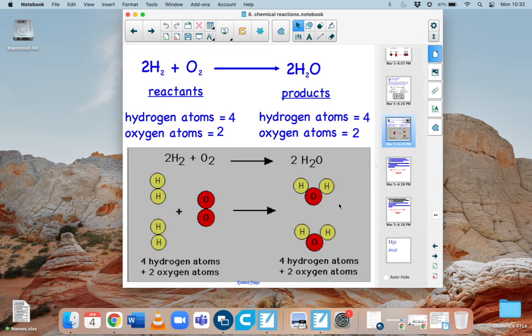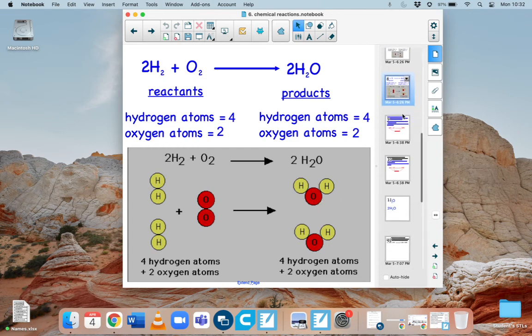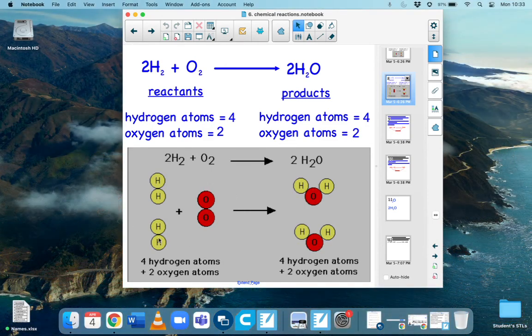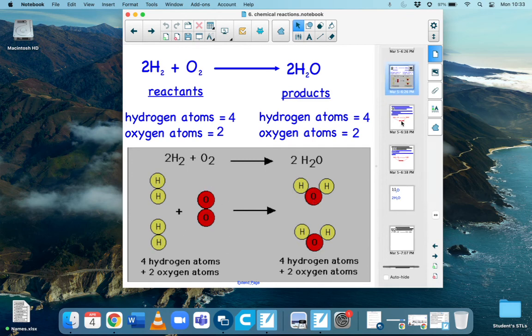Because that law is true, on the reactant side of a chemical reaction, you need to have the same number of atoms of hydrogen as on the product side, 4 and 4. And same thing with the oxygens, 2 oxygens on the reactant side and 2 oxygens on the product side.